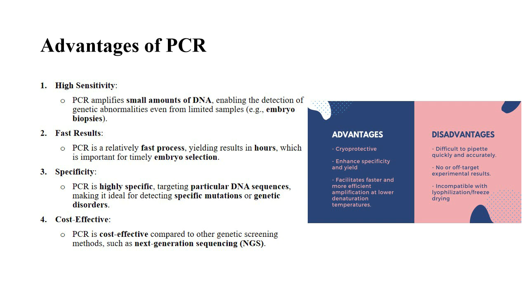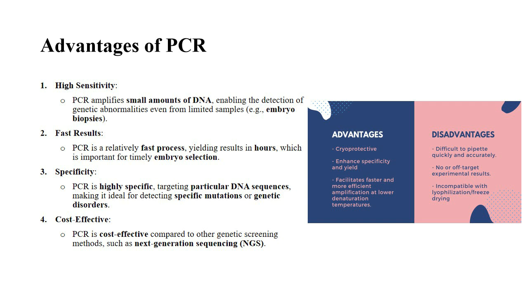C. Specificity. PCR can be designed to amplify specific regions of DNA, making it an ideal tool for targeted genetic testing. It can detect specific mutations or genetic disorders with high precision. D. Cost effectiveness.